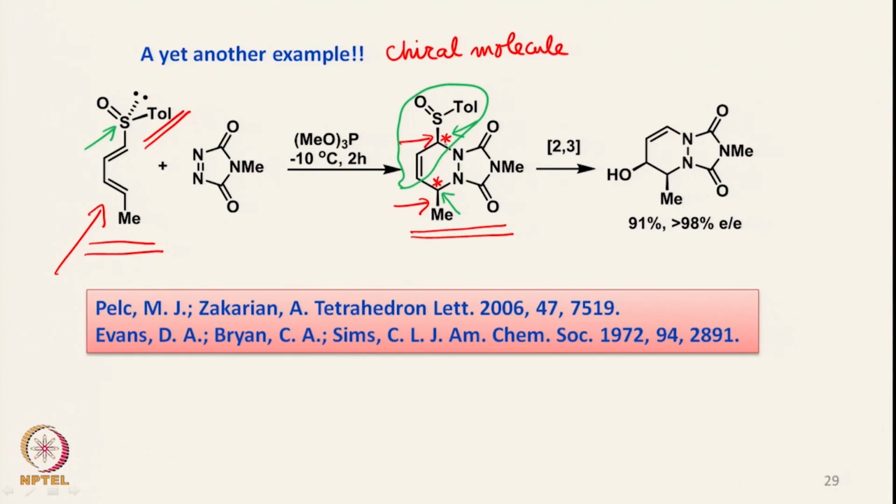So once you have these 2 centers here as chiral centers, and now you have an allyl sulfoxide, when this undergoes rearrangement, and since this is a beta orientation here, the alcohol which is formed is also beta. It was found that the reaction is done at -10 degrees, 2 hours, and the yield is 91%, whereas the enantiomeric excess, that is optical purity, is more than 98%.